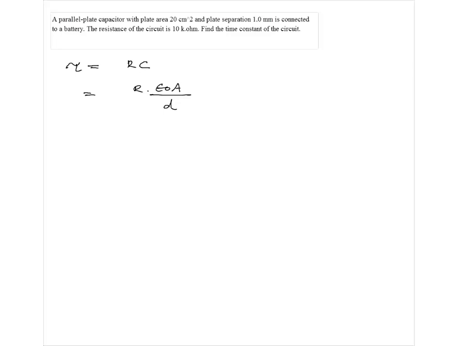And the answer I have is .18 microseconds. Just check for a factor of 10. I think we move on.